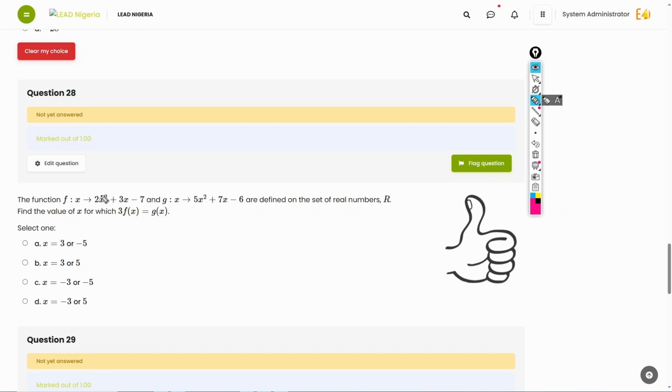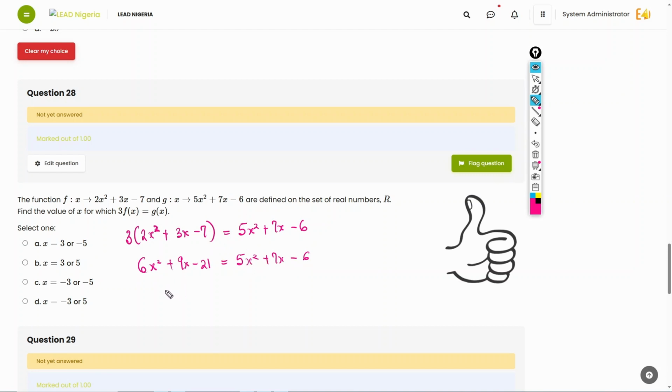That'll be 3 times 2x squared plus 3x minus 7. That's 3f of x, so 3 times that is equal to 5x squared plus 7x minus 6. So 6x squared plus 9x minus 21 is equal to 5x squared plus 7x minus 6.